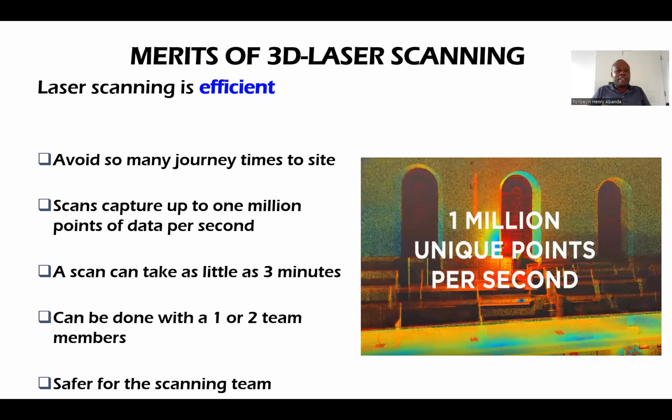Scanners can actually capture up to 1 million data points per second. Very few people can be involved in scanning a building, and it's often very safe for a scanning team, because you can be located at one point and scan the whole building instead of having to go around or climb the building using a ladder.